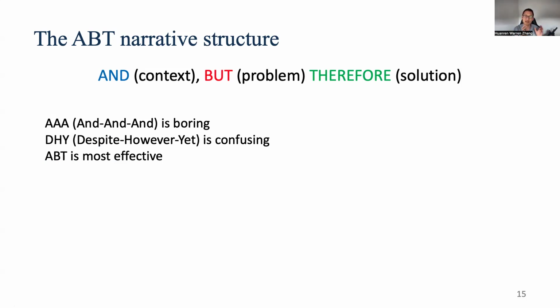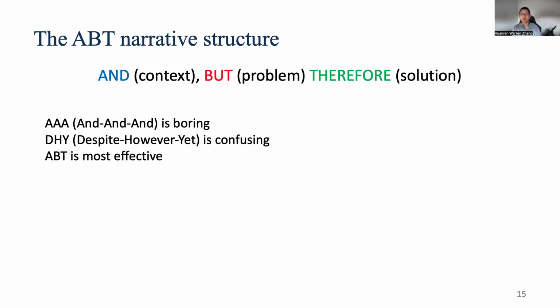That is the so-called AAA structure. This AAA structure is boring because by following the message, you don't know which part you should pay attention to. When everything is 'and,' that means nothing special in this storytelling, right? You are not focused on any problem, so you will get bored without noticing anything important in this story.